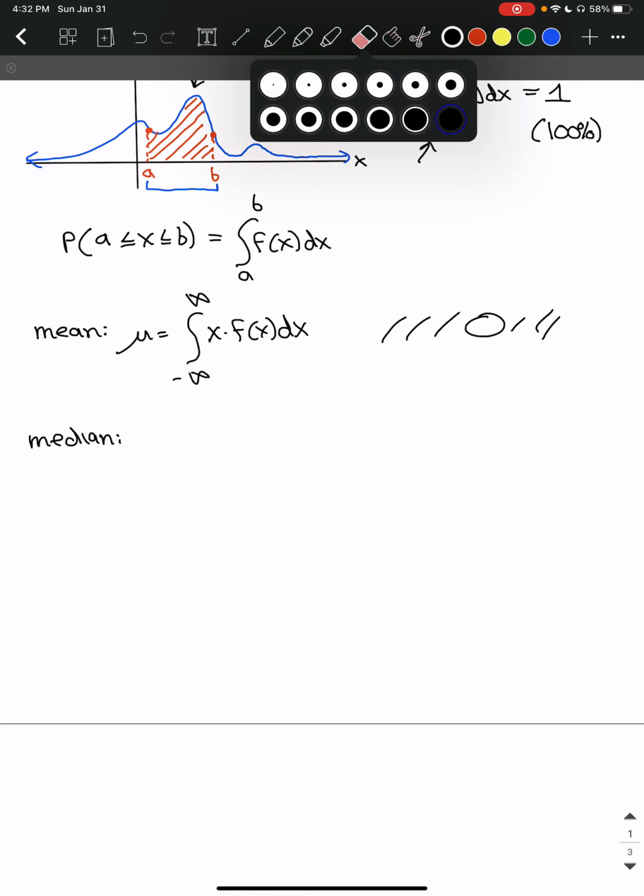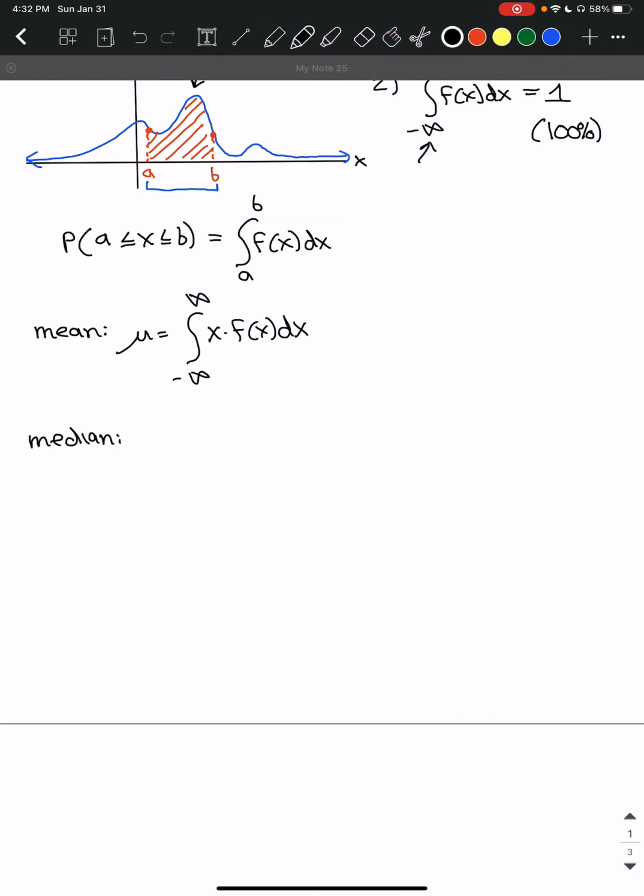Essentially what we do here is we say that the median is the point m, so m and mu are different, such that the integral from negative infinity to m of my function is equal to the integral from m to infinity of my function. And it doesn't look super fun to be solving integral equations, but we also know that each of those individually should equal 1/2. So I'm trying to split this directly down the middle in terms of number of things. So these are my equations that I have.